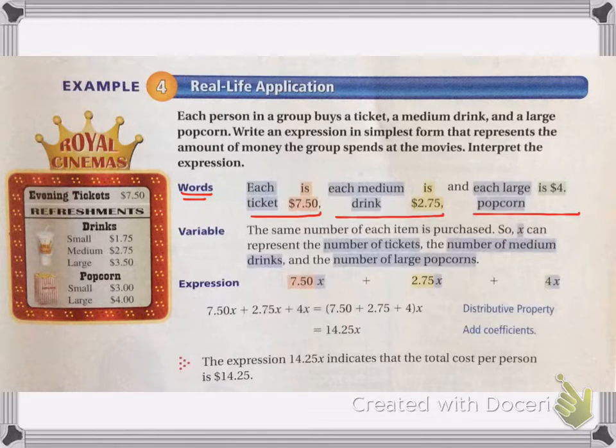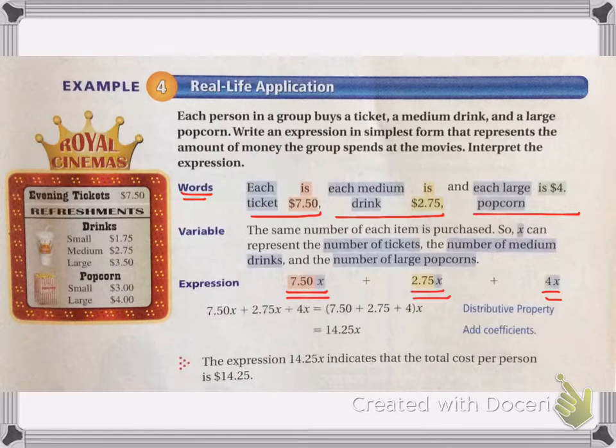So the way that we would write that out as an expression is 7.50x, because let's say you had 3 people in the group. Then that x would be 3, so it would be 7.50 times 3 plus 2.75 times x, or in this case what I said was 3. And then we have that 4 for the popcorn, $4. 4x.